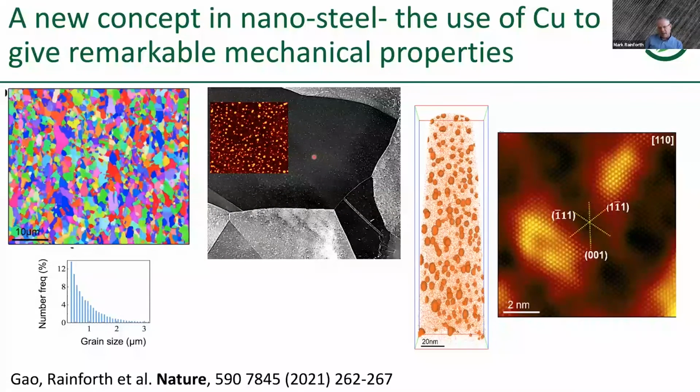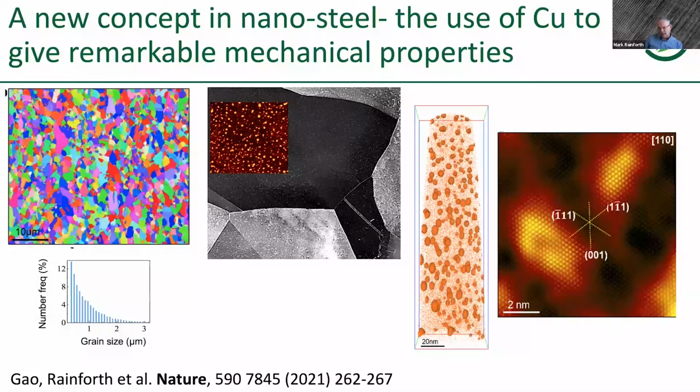I sort of hesitate to call them precipitates because they're just regions of copper segregation, really. And those were just occurring at exactly the right time that they pinned the boundaries as they started to grow. And that retained this extraordinarily fine grain size, averaging about 500 nanometers.